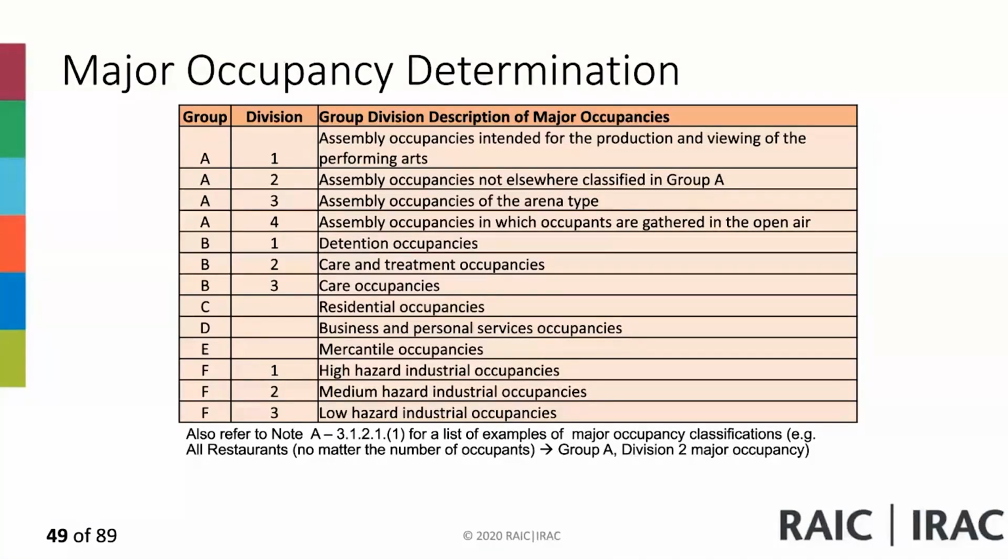So you were looking at sales rooms within Group F, Division 3, and you've got a factory that has a sales room. So you want to consider it as subsidiary of the F2, or you want to do it as a separate occupancy, depending on how you want to do that.